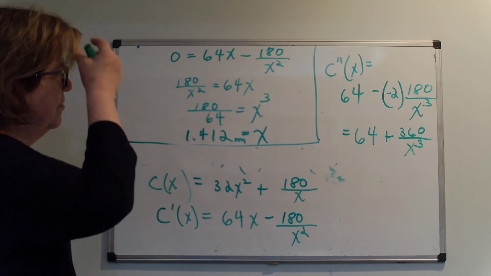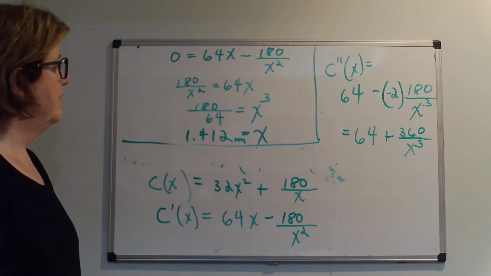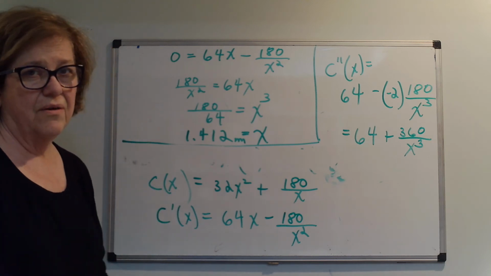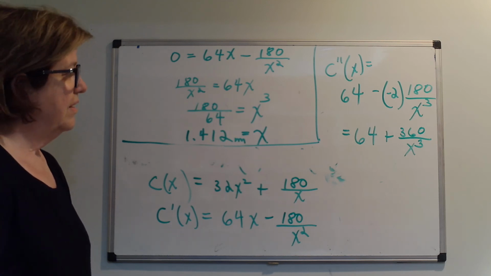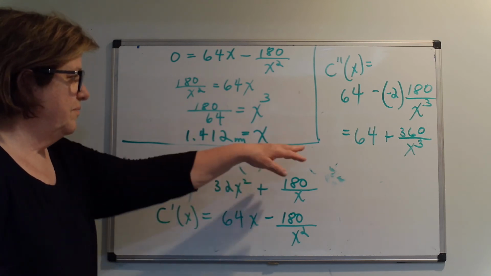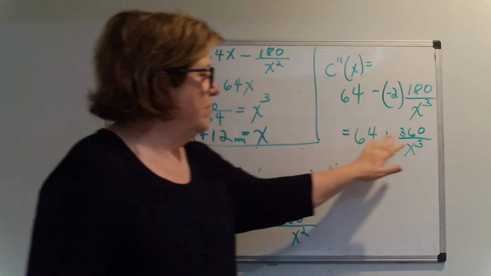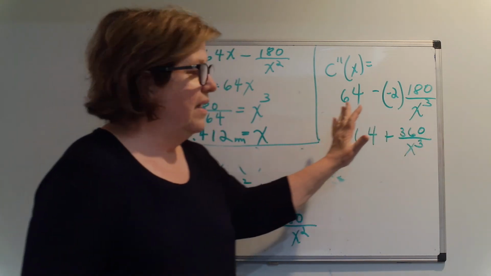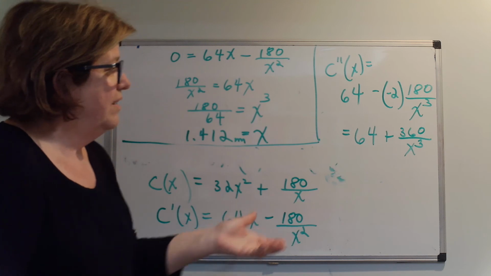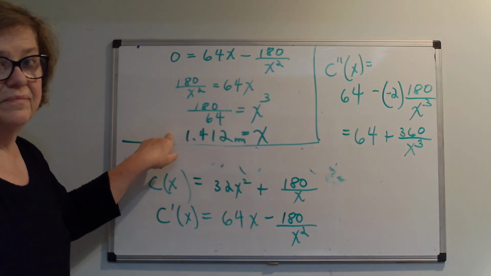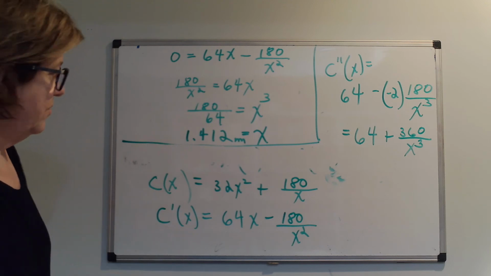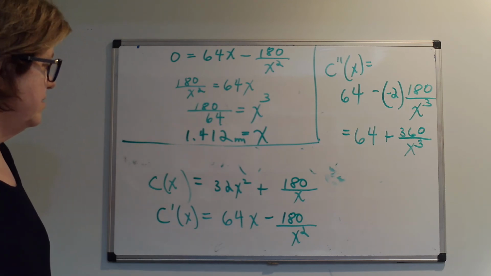Okay, so we can say, let's see. Well, we don't want 0, right? We don't want 0. So we know that this function, too, for all the values of x greater than 0 is concave up. So this must be a minimum. Okay, so now we still have to answer the question.